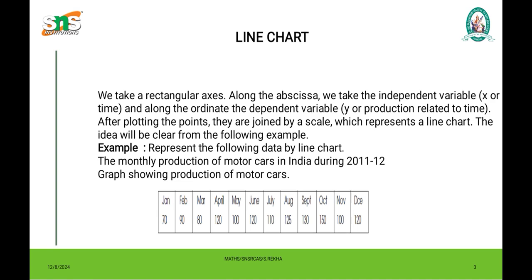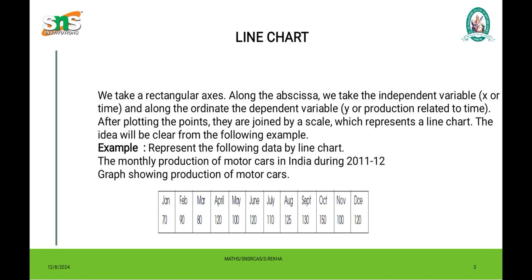For example, if you want to know the production of motorcycles in India in 2011 to 12, the data are given from January to December. How many vehicles are produced by a company, for example Hero Honda or Maruti Suzuki?